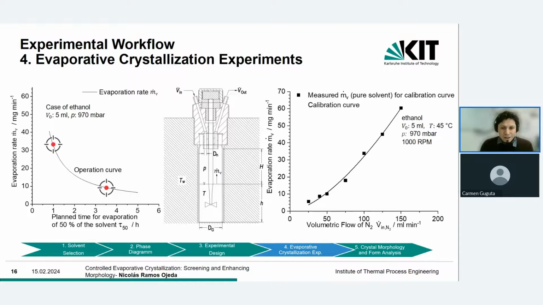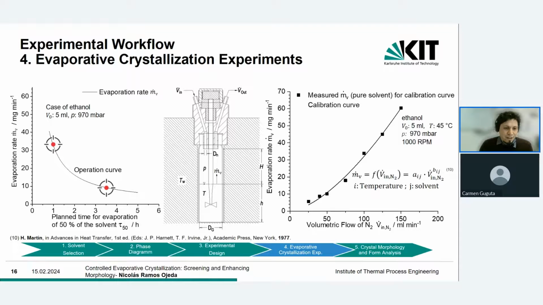So for each solvent and temperature combination, we construct calibration curves. One simple method involves just weighing the mass at the start and at the end of a defined period of time to determine the evaporation rate. These experimental points can then be modeled using a power law, which is in agreement with early literature, as you can find here if you are interested.